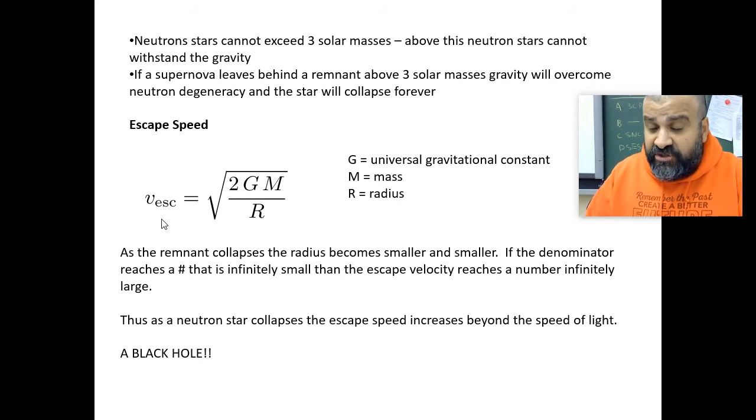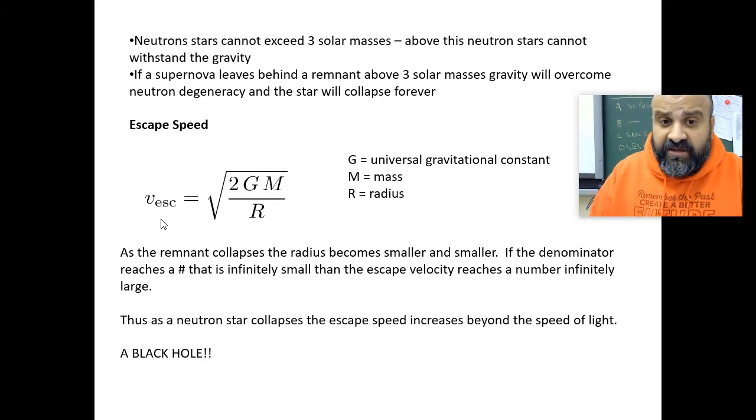So eventually, as the neutron star collapses to a point where it's becoming infinitely small, the escape velocity becomes infinitely large. It goes past the speed of light. You have to be traveling faster than the speed of light to escape the black hole. But in our universe, according to what we understand of physics right now, we can never exceed the speed of light.